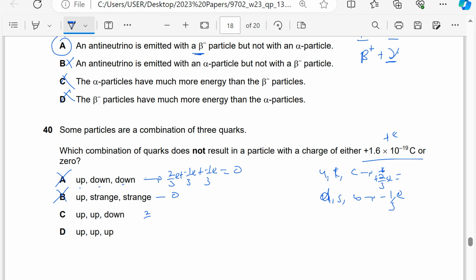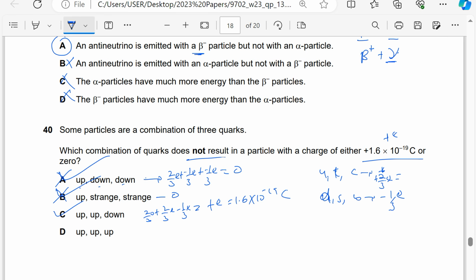So this is 2 over 3 plus 2 over 3, times E, minus 1 over 3E, which gives us plus E. Which combination of quarks does not result in a particle with a charge of plus 1.6 or 0? So this one has given us 0, this one has given us 0. And this one is plus E, which is 1.6 times 10 to the power of minus 19 coulombs.